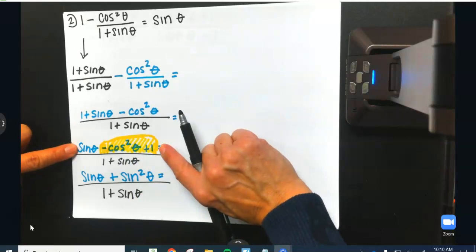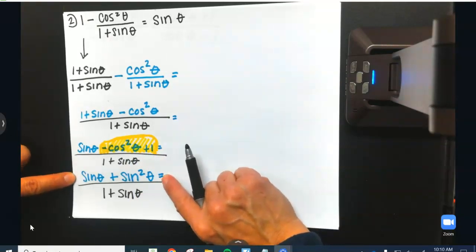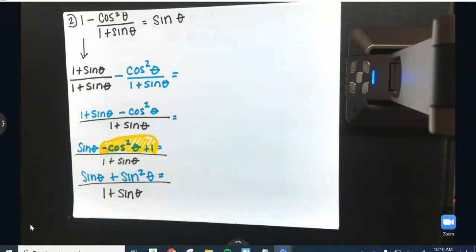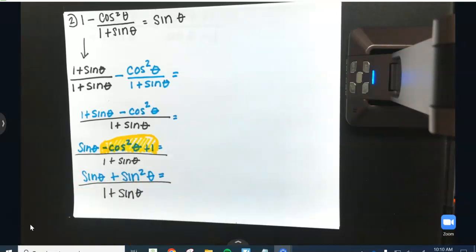We went from 3 terms in the numerator to 2 terms in the numerator. I can't cancel anything out yet. Is there anything else I can do at the top? I can't because they're not like terms. If they both had a square, I could, but I can't add those. What else could I do?